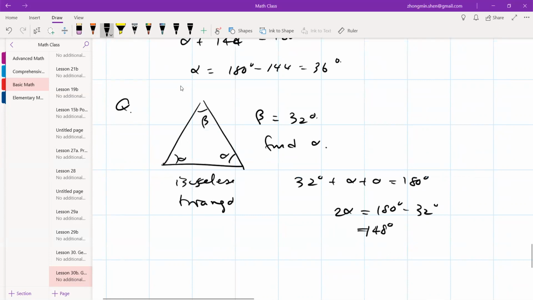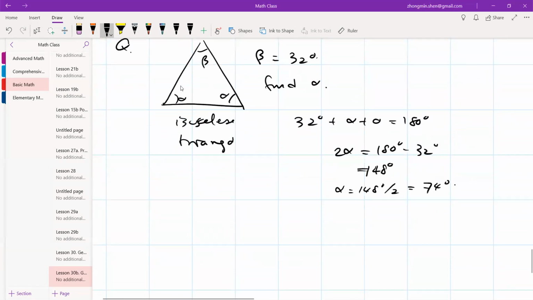Then you divide by 2. 148 degrees divided by 2 is 74 degrees. Good. So this is about the angles.